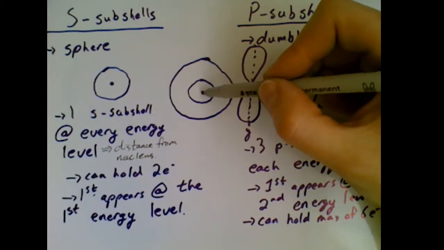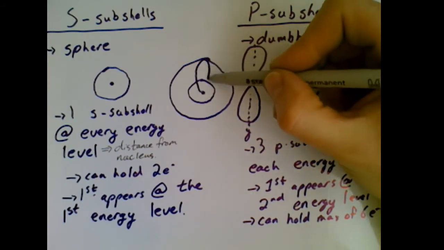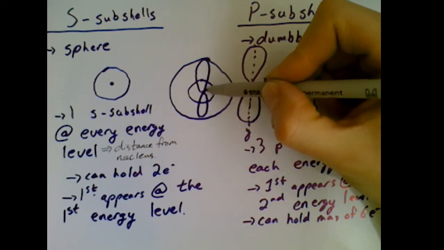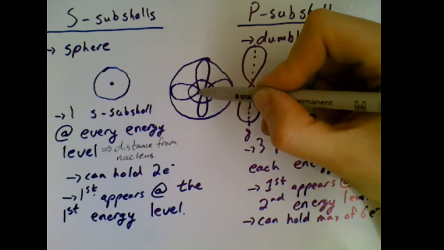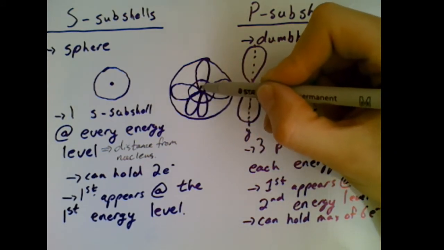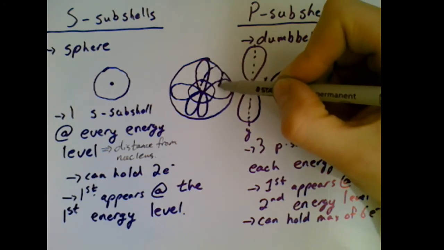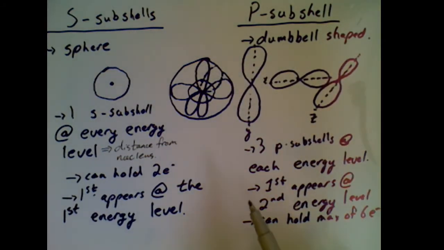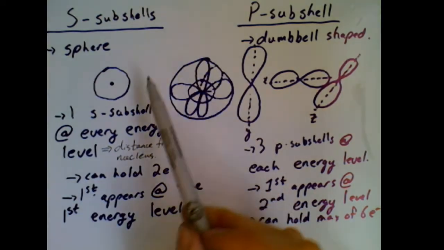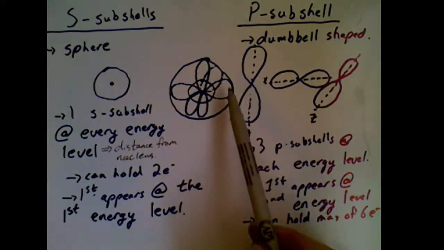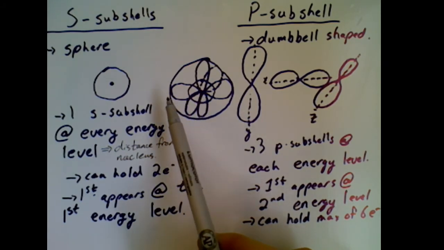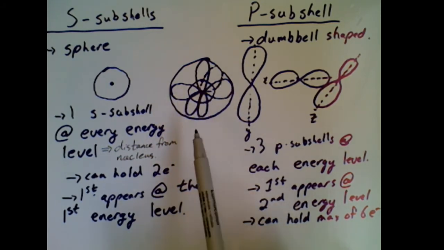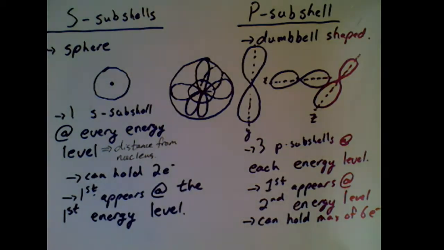And so along the y-axis, along the x-axis, and along the z-axis, there are different orbitals. And so the atom is more like a series of layers made up of these different shapes that overlap each other.